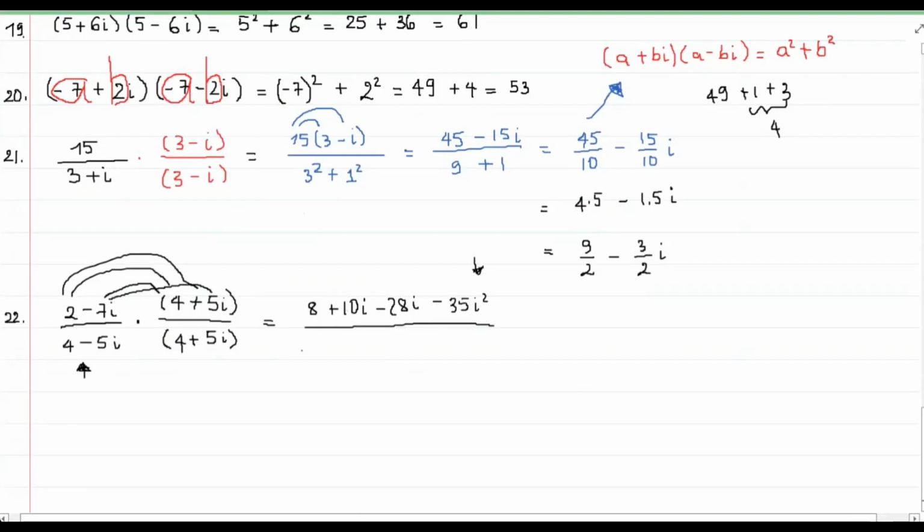At the bottom, we have 4 minus 5i, so a minus bi, times a plus bi. Our a number is 4, so 4 squared plus 5 is b, 5 squared. Now at the top, simplify it. The i squared is negative 1, so this one equals positive 35. Add 8, so you can add 5 and add 3, 43.